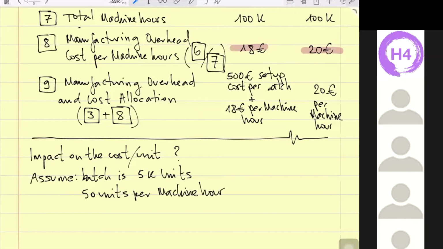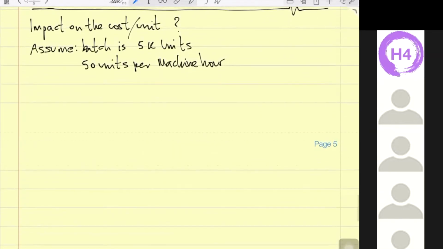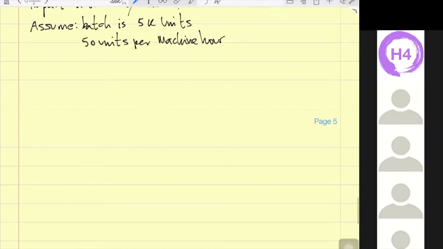Here is how the cost assigned to the units with the activity-based costing and without activity-based costing compares. So the list is the same, okay? I'm not going to repeat the list because it's the same.